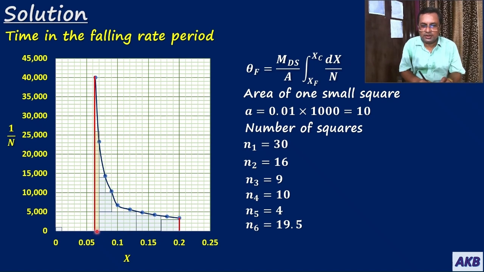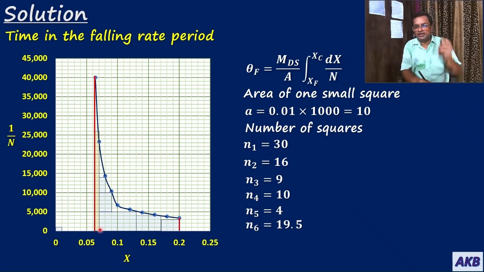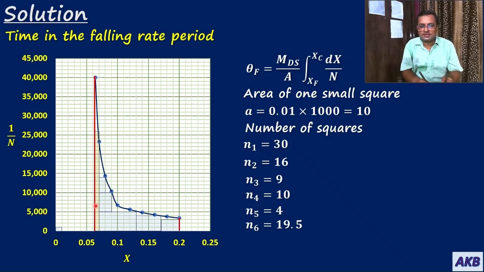Each square is 75% of the entire square. So that's why the number of squares covered by this orange strip is 19.5. And in the remaining white region, the number of squares is approximately 70.